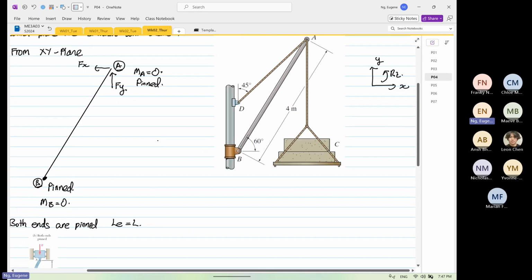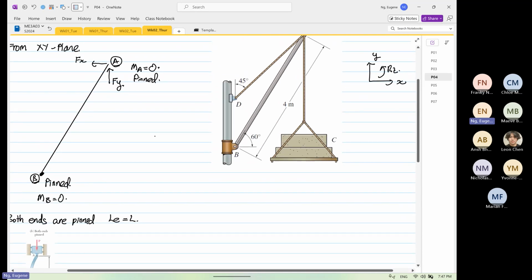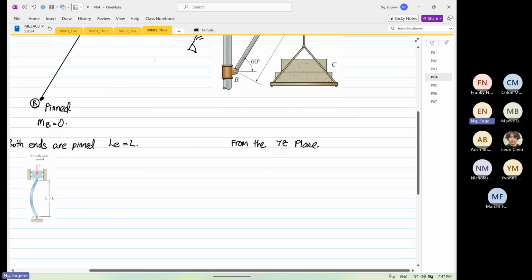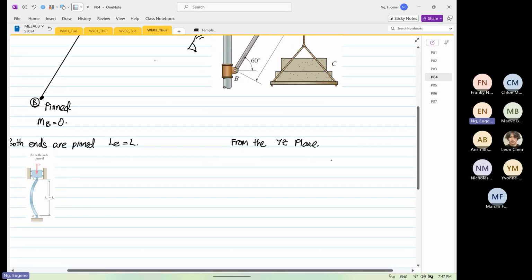Okay, now we are going to do the YZ plane. So for the YZ plane, we are going to put our eyes in this direction. Okay, we're going to view the structure. So when you view the structure, this is now our member AB.